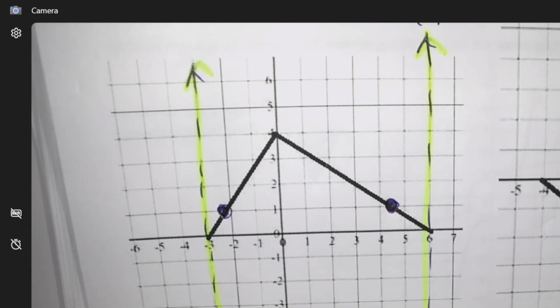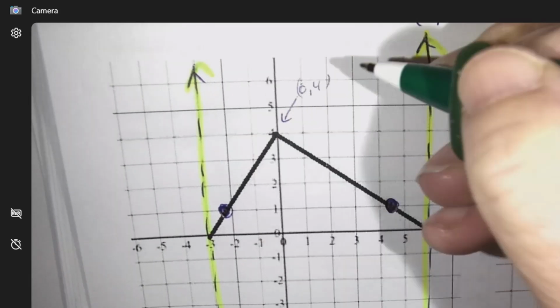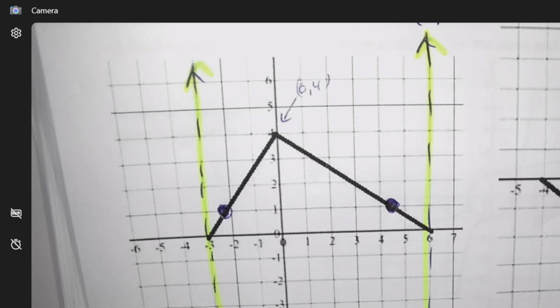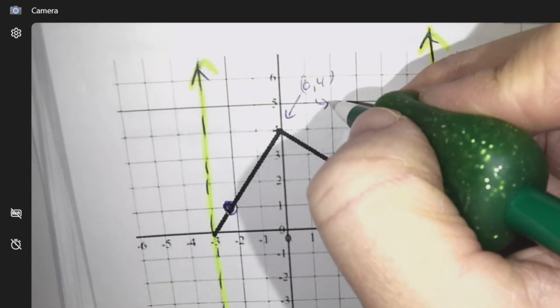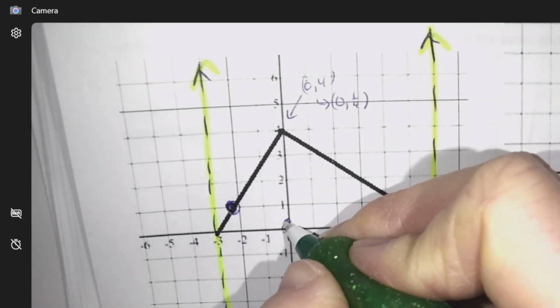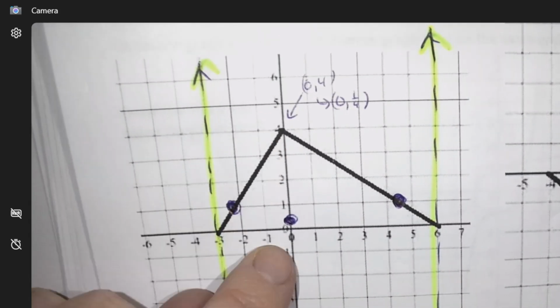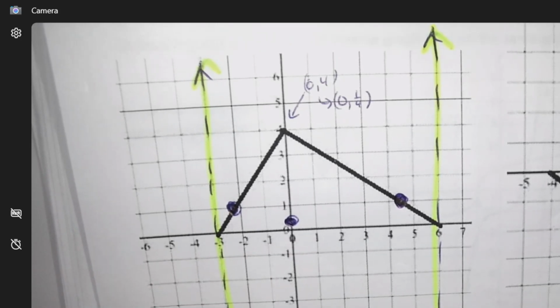So the pattern would be far from 0, close to 0, close to 0, far from 0. So I'm going to take this coordinate, which is the farthest away, 0, 4. It's now going to be the closest. So what's the new coordinate? 0, 4 becomes 0, 1/4. So do you notice how it was the highest? Now it's going to be the lowest.